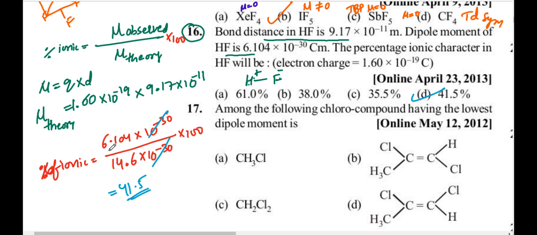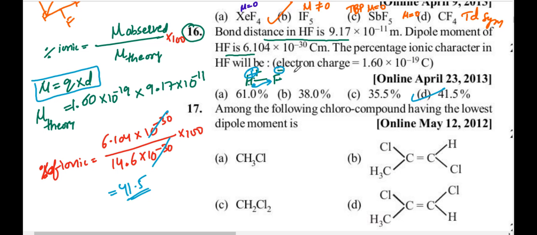Okay, what I did here: percentage of ionic equal to mu observed by mu theoretical into 100. This mu formula is always same, mu equal to Q into D. Here mu observed is already given. Then mu theoretical means one electron shifted from hydrogen to fluorine. So here positive charge is there, here negative charge is there.